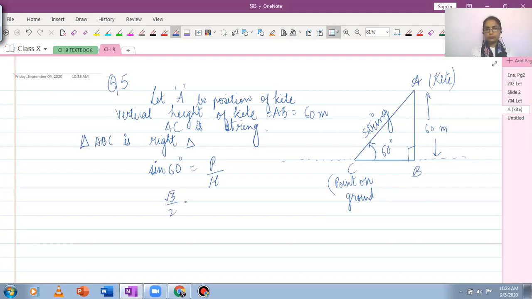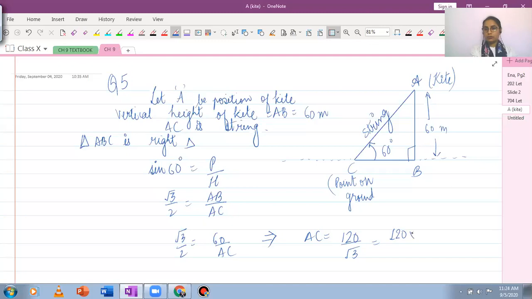Sine 60 is root 3 by 2. So AC will be 120 by under root 3.